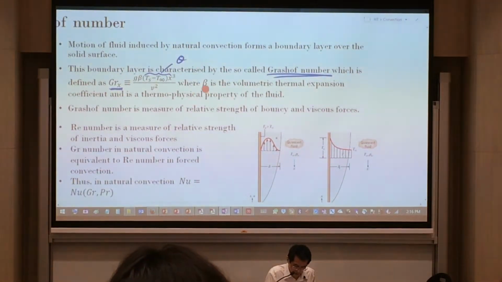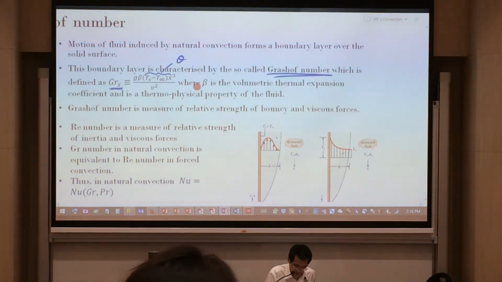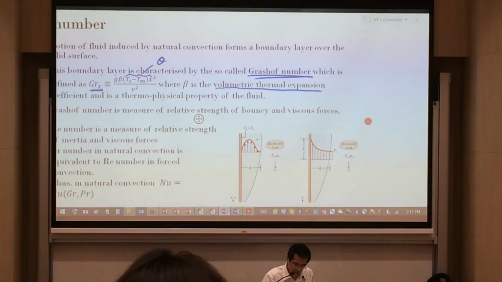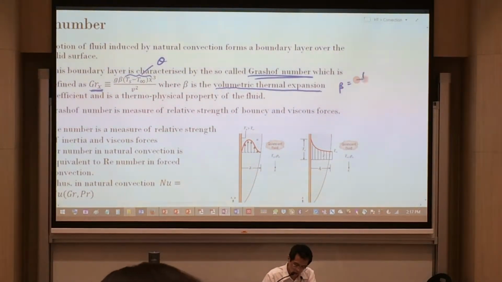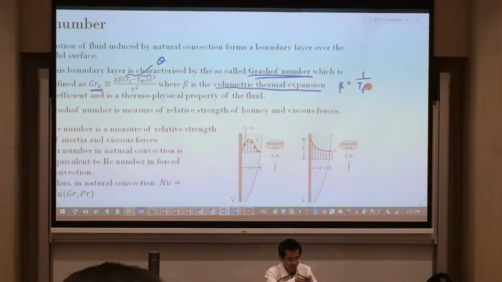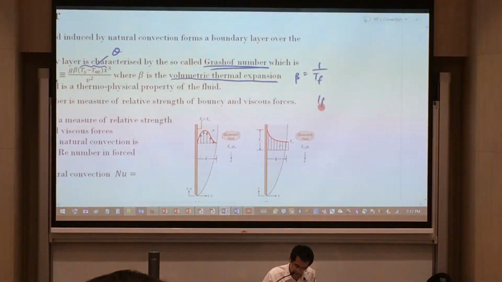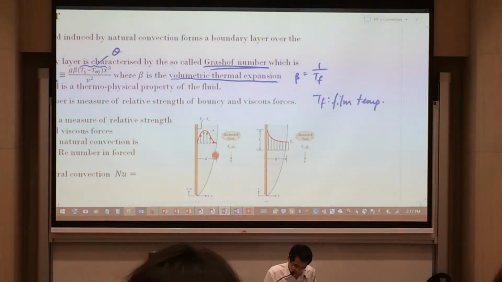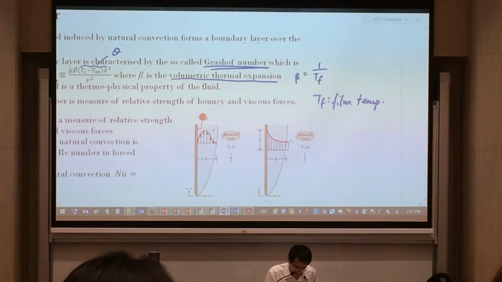There's also one other parameter that you have never seen before, that is beta. Beta is defined as the volumetric thermal expansion, and beta is equal to 1 over Tf. If you're wondering what Tf is, Tf is the film temperature. In this case, the surface has Ts, and Ts is greater than T infinity, where T infinity is the quiescent fluid temperature.